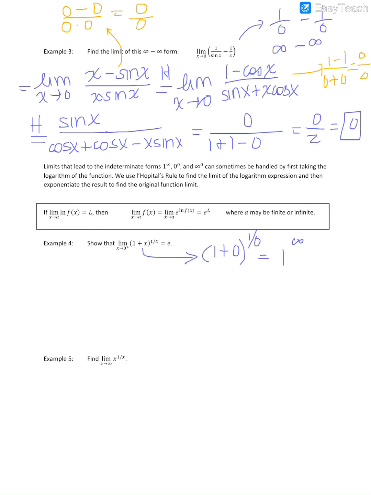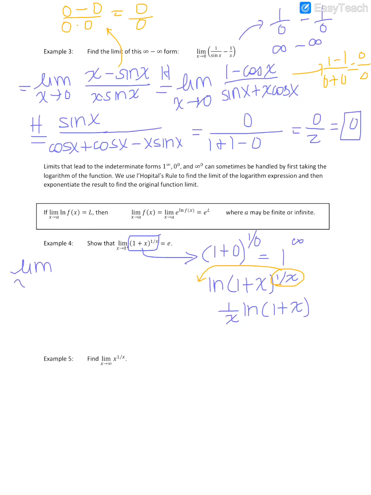First thing we're going to do, we're going to take the original function and do the natural log of it. The reason that's a good idea is because now we can take this exponent and bring it down front. Okay, so now let's look at our limit.